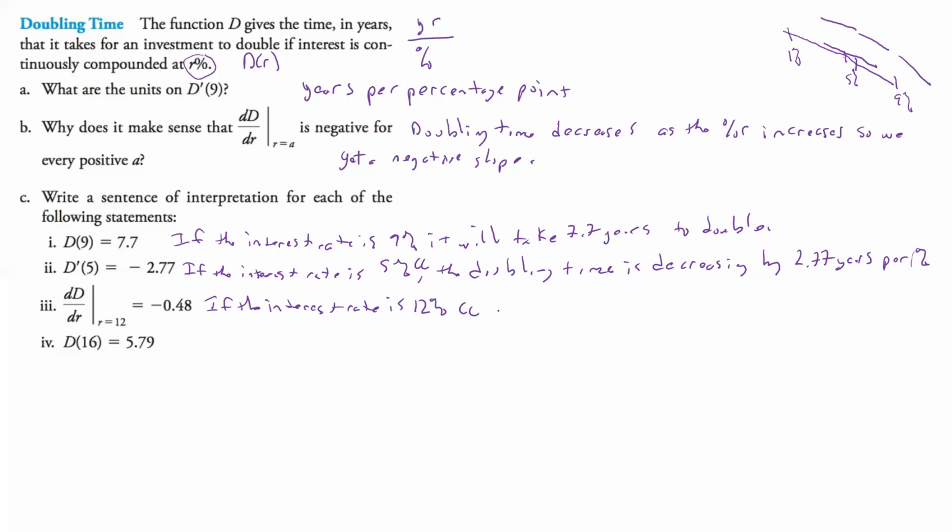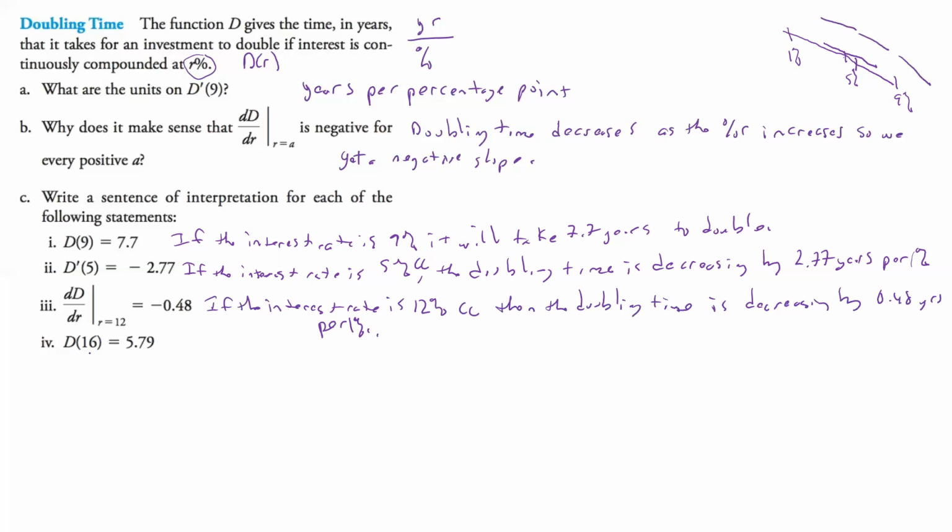Then the doubling time is decreasing by 0.48 years until basically that 13. It's actually not 13 years, it's 13%. So it's 12 to 13%, years per percent for 1%.